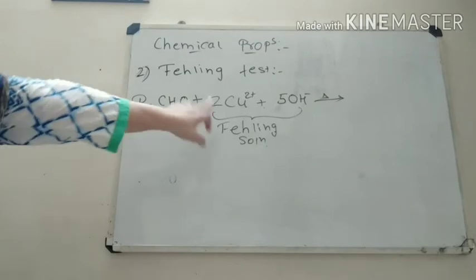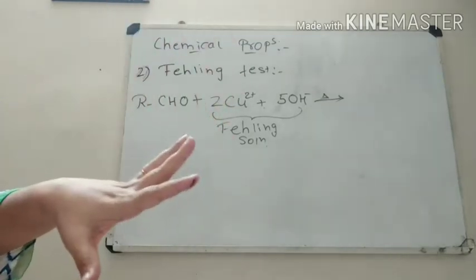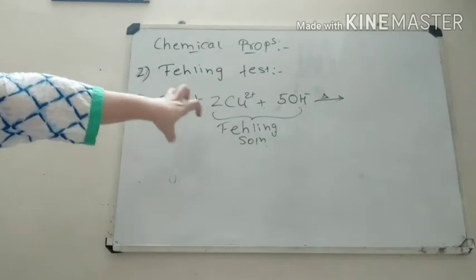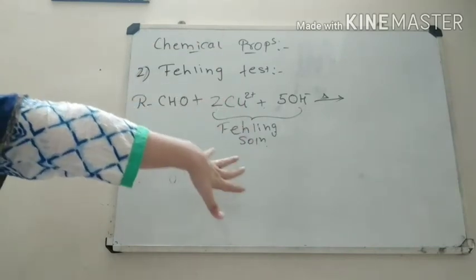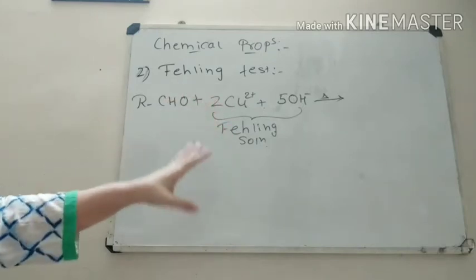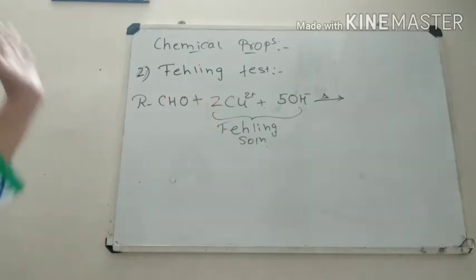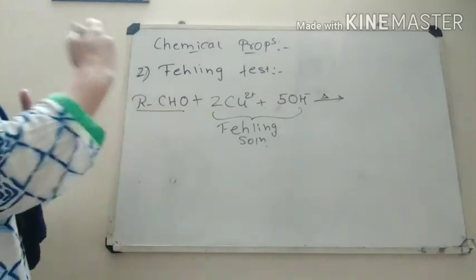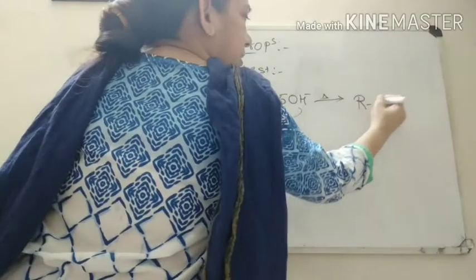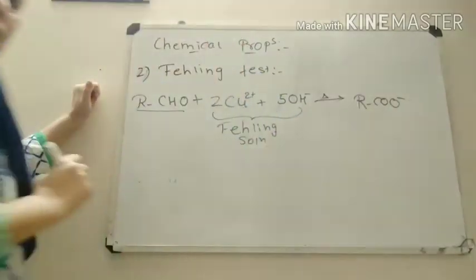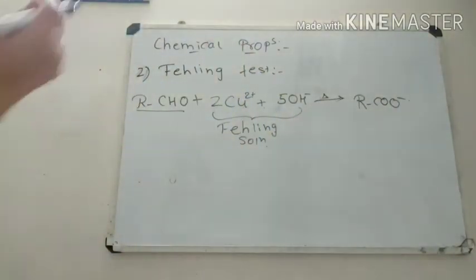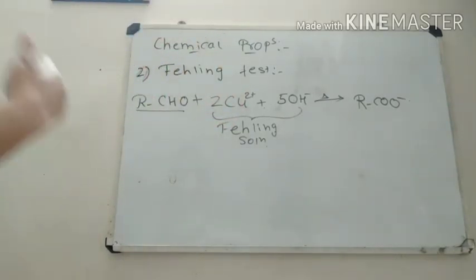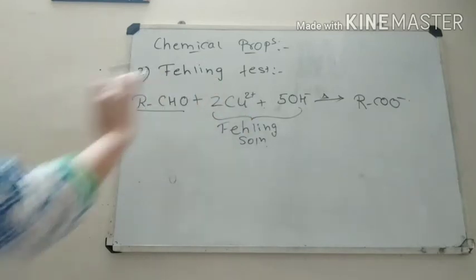When the aldehyde is boiled with the Fehling solution, it is the mixture of the Cu2 plus and the OH minus. It means the combination of copper sulfate and NaOH is known as the Fehling solution. Now when it is boiled, this RCHO is oxidized to the carboxylate ion, so it is RCOO minus. This Cu2 plus is reduced to Cu plus ion by the Fehling solution.